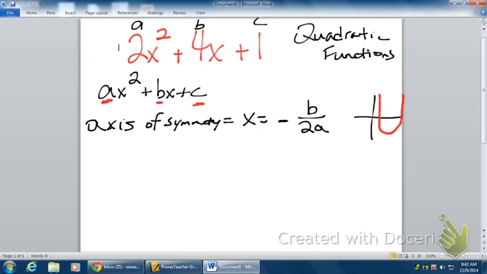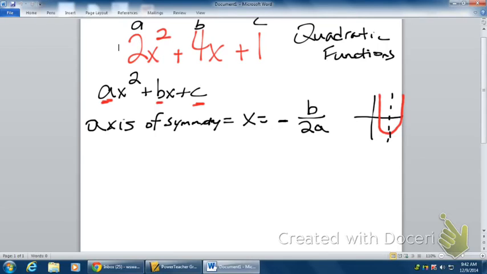If you drew a dotted line down the middle of this equation, this would be considered your axis of symmetry. Because if you fold it over, like a hot dog, if you fold a piece of paper hot dog style, the exact same thing will be on the other side. You guys know what I mean? You essentially put a line down the middle of it, so you make it even.